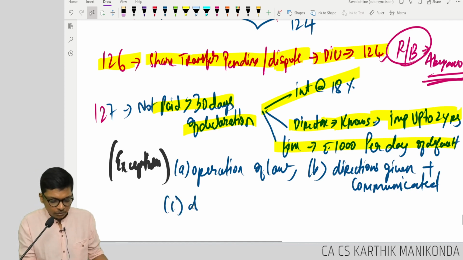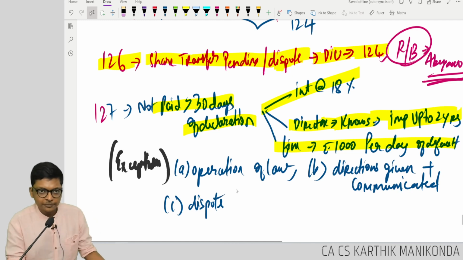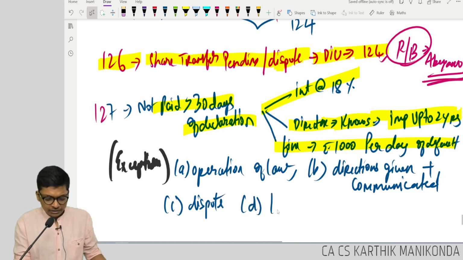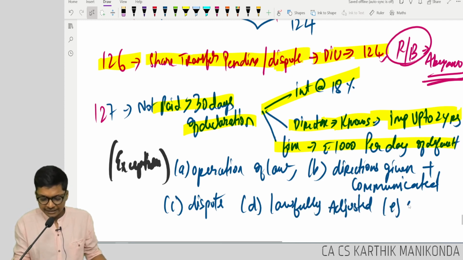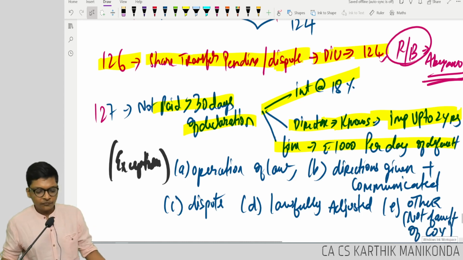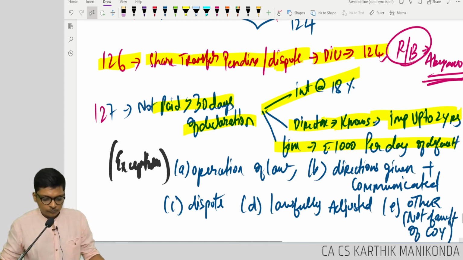C is dispute. D is lawfully adjusted. E is other reason, not fault of whom, guys? Not fault of company.